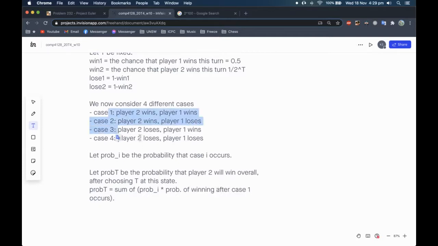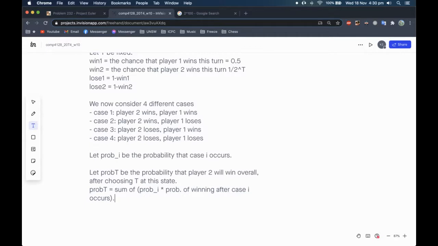So for each of these cases, we multiply the probability that the case occurs with the probability of winning after that case occurs. If we sum them all up, we'll get the probability of winning by choosing this t. Since we consider all possible cases, prob t is just the sum of these cases. Hopefully we're making sense so far.